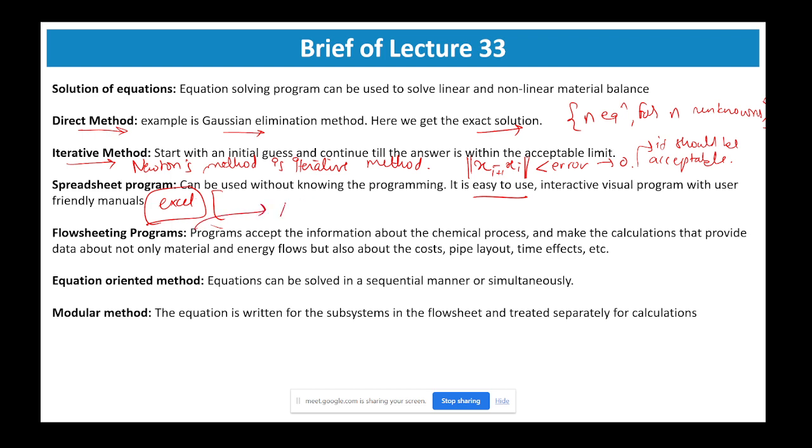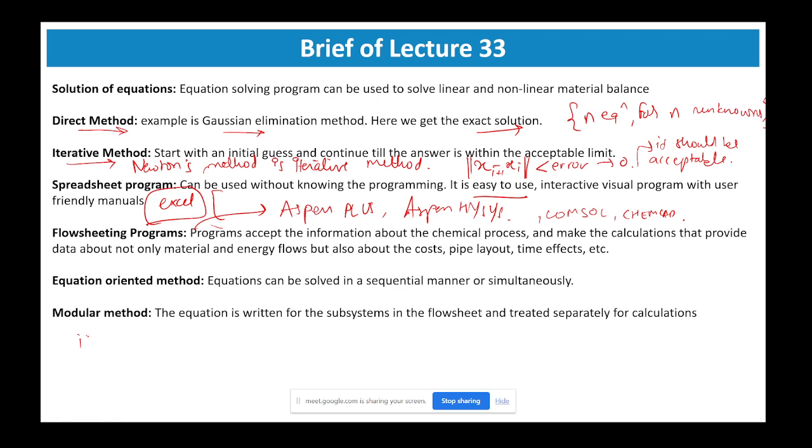One example is Aspen Plus, or even Aspen HYSYS. These are just examples; there can be COMSOL, ChemCAD, etc. So what you do is develop the chemical flow sheet in each of these tools.